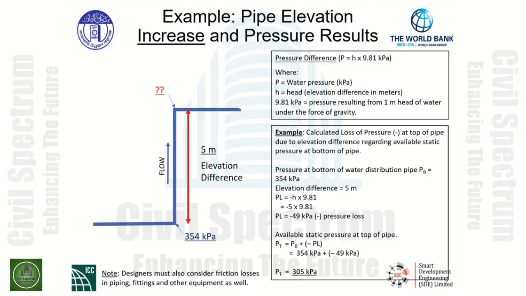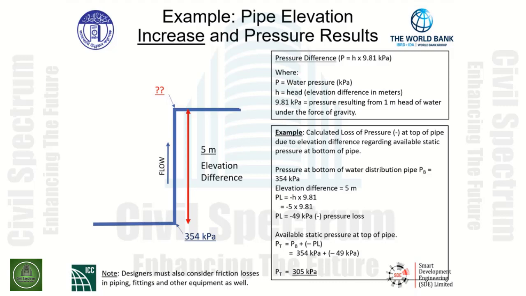Looking at the equation in the upper right-hand corner, pressure difference, P equals H times 9.81 kPa, where P is the water pressure in kPa, H is the head or the elevation difference in meters, and 9.81 kPa equals the pressure resulting from 1 meter head of water under the force of gravity.